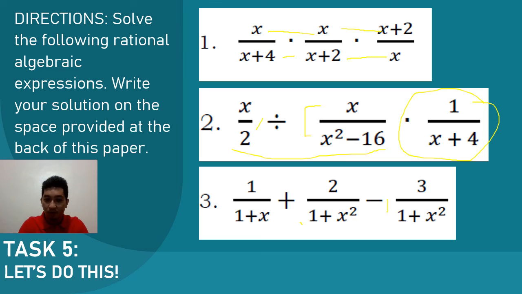Same ba sila ng denominator? Hindi po. So, kung hindi po same, you just have to do butterfly method, gaya ng ginawa ko kanina. And then, after mo siyang ma-add, subtract mo siya dito. So, that will be your tasks for week 3 modular distance learning.